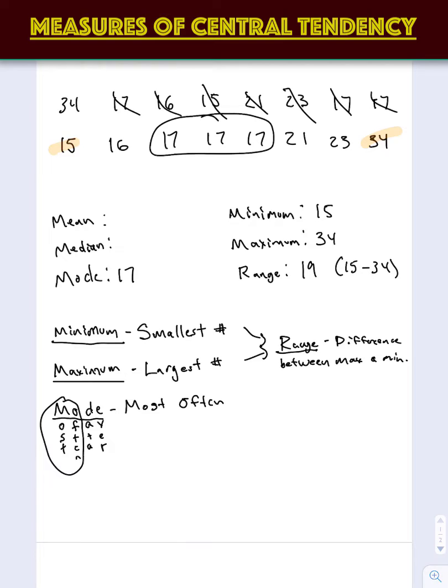If all the numbers occur twice, say there's two 15s, two 16s, two 17s, two 21s, two 23s, and two 34s, then all of them are modes. So we would literally write out our mode as 15, 16, 17, 21, 23, and 34. If we have two that occur tied for the most often, or three that occur tied for the most often, those three numbers are our modes.